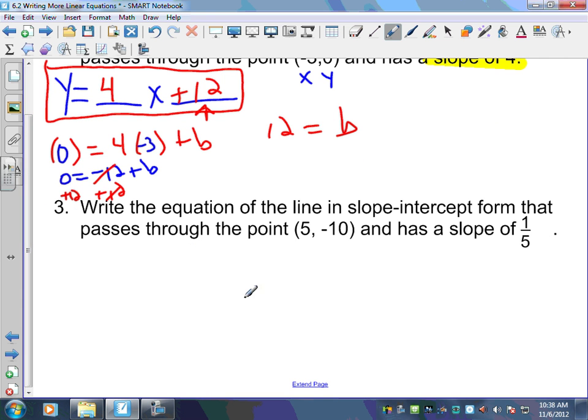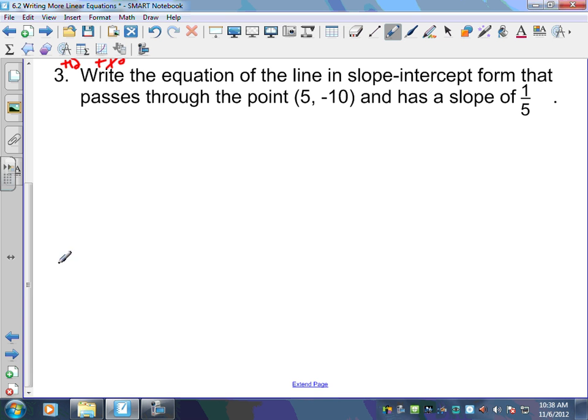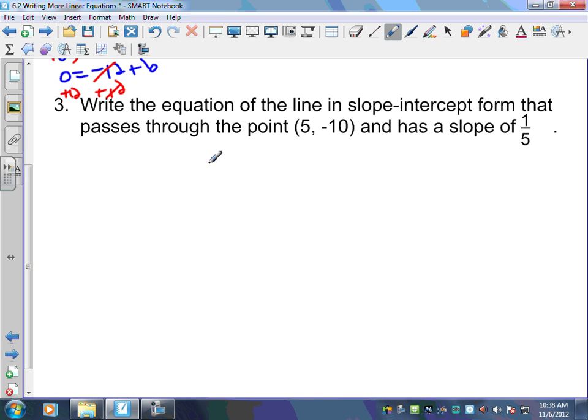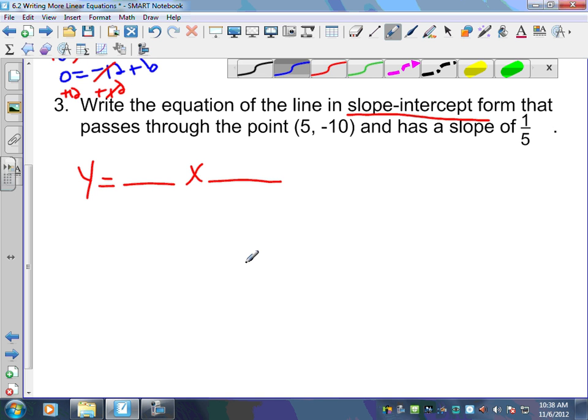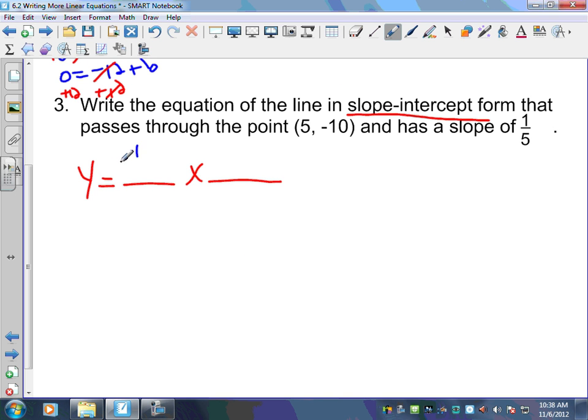Okay, now we have a fraction for a slope. That's okay. We can handle it. We're going to write this in slope-intercept form. Y equals blank x blank. I know my slope is 1 over 5, so I put it here.